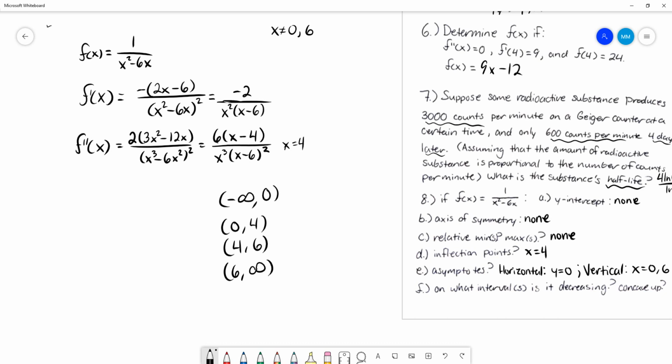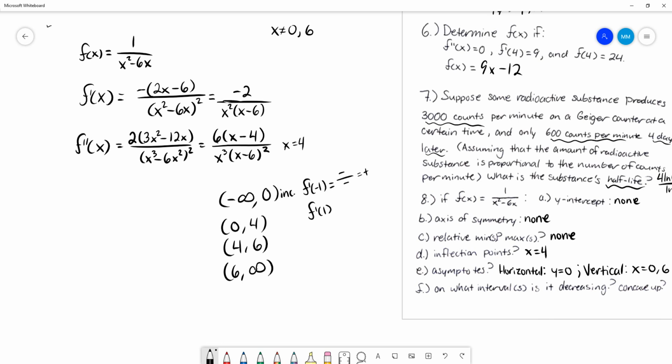Now, I want to find my intervals of increase and decrease first. So I'm going to take that first derivative, and I'm going to plug in maybe a -1, because I just want to plug in something on this interval to see if it's positive or negative. So it's going to be -2, so it's a negative up top. And it's going to be 1 times -7, so that's a negative on the bottom, which is positive. So this is increasing.